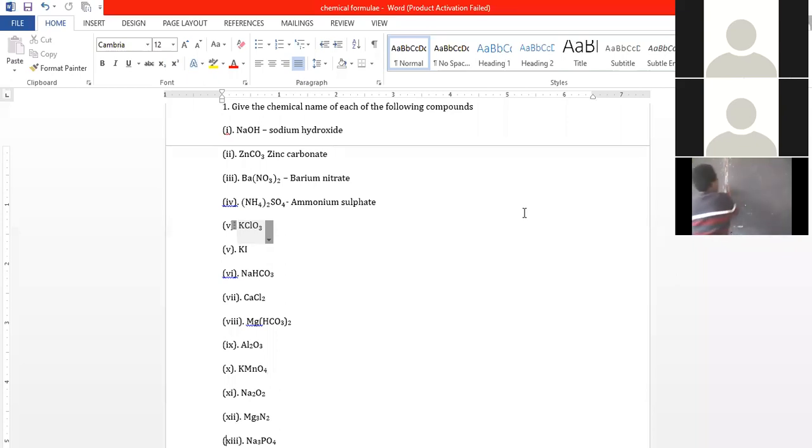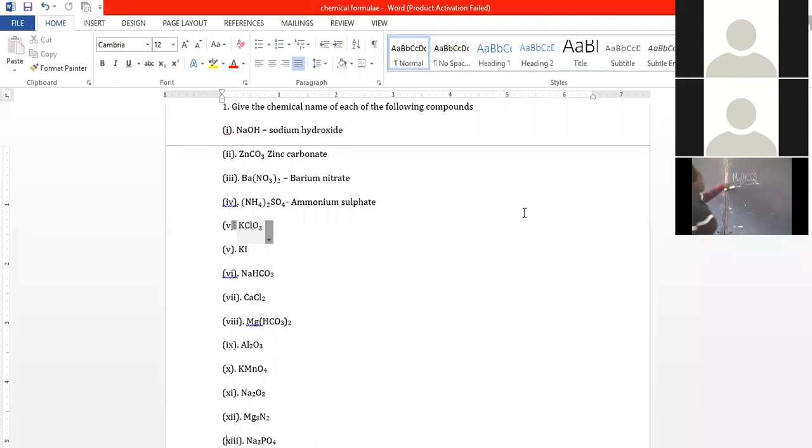So what do you do not to get confused about whether that's a valency or not? So we have said that we are using the symbols of the element and then the symbol of the radical. Don't consider the numbers outside yet.